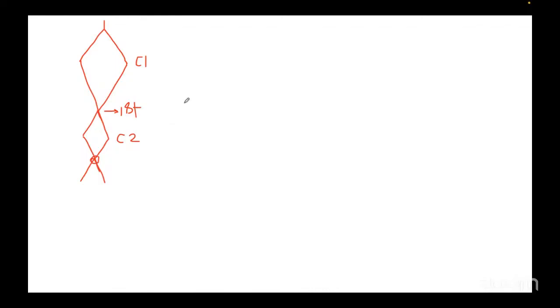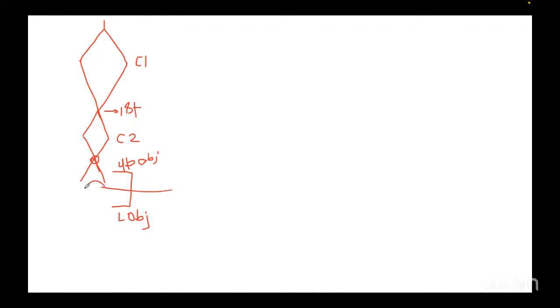Now, for the parallel electron beam: after the C2 lens, you have the upper objective lens and the lower objective lens. This will be the upper objective lens and then your lower objective lens comes here.